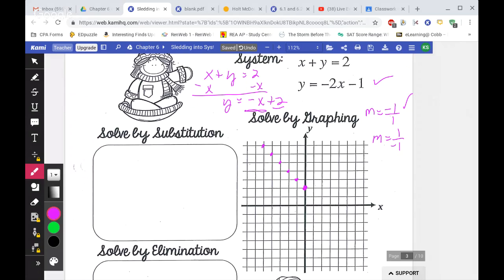So if I go down 1, I would go right 1, because down is negative, right is positive. Down, right, down, right, down, and right.